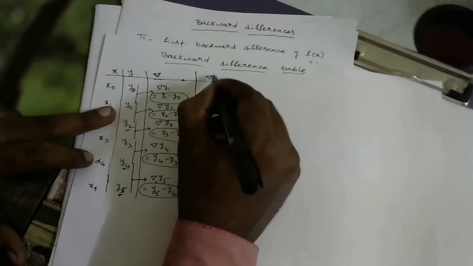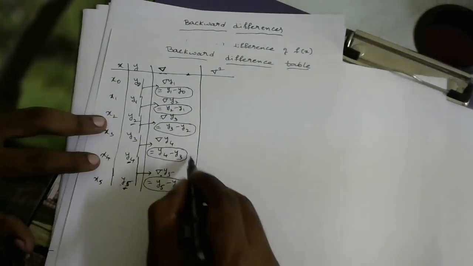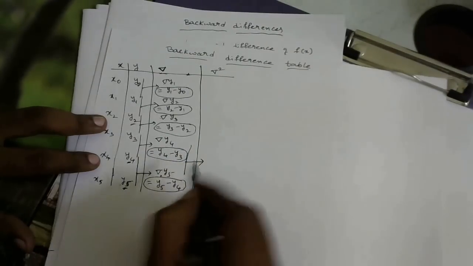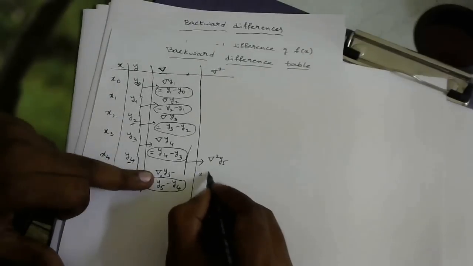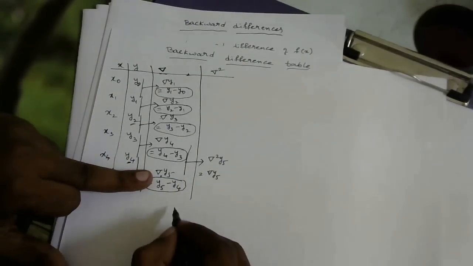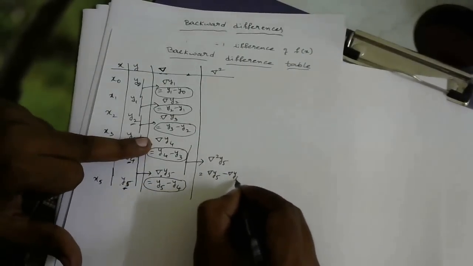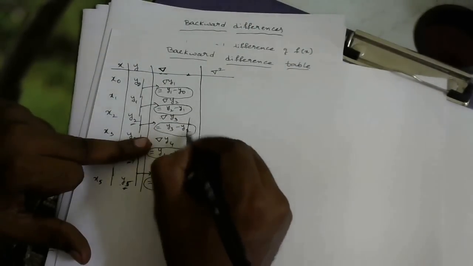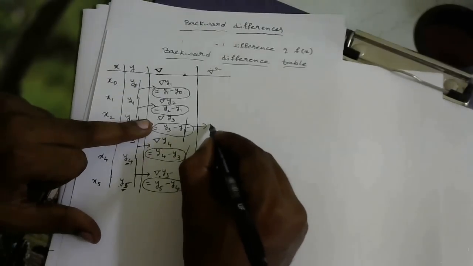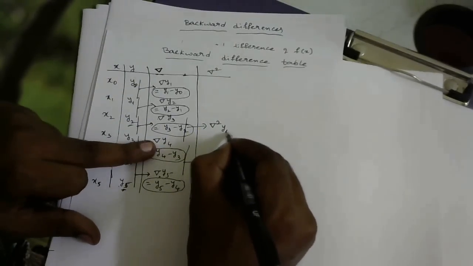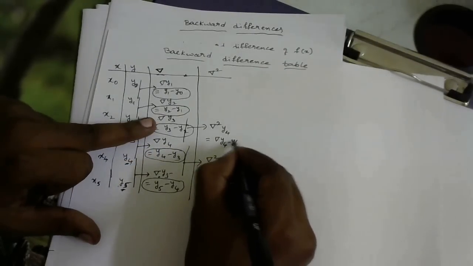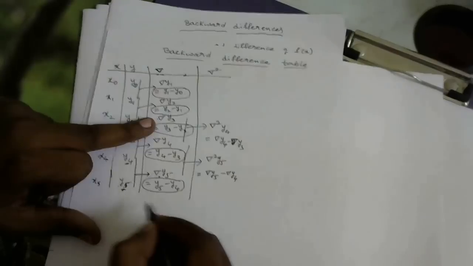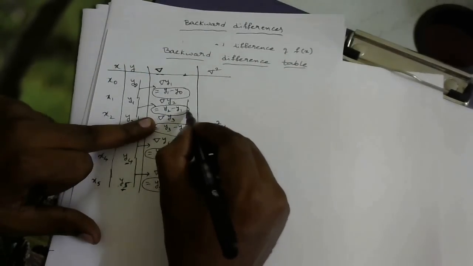So here what do you get, del square. For del square you have to start from the bottom. Del square y5 equals del y5 minus del y4. Del square y4 equals del y4 minus del y3.